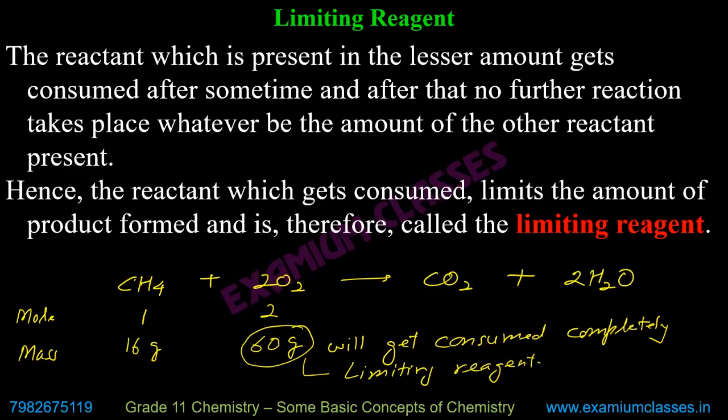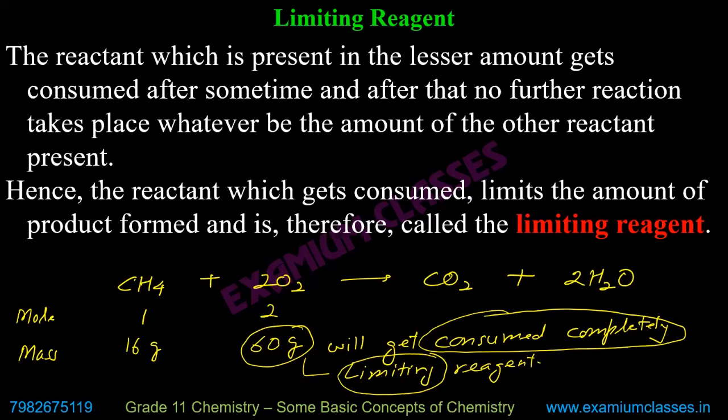These are important points. That's why I am repeating. The limiting reagent is that reactant which limits the reaction, stops the reaction, gets consumed completely, and more importantly, decides the amount of product.